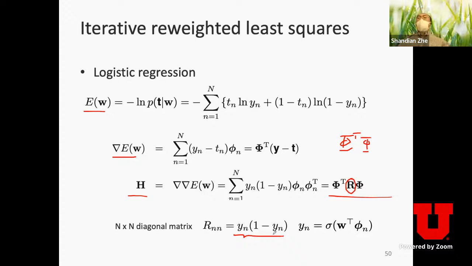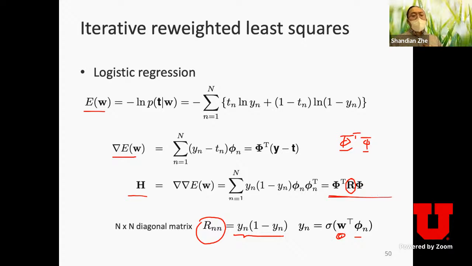It's strongly related to the Hessian form of the linear regression, but there's a difference. The difference is that you have an extra diagonal matrix R, where each diagonal element is your predicted probability that the example is 1 times 1 minus that probability. So you can see that R is dependent on the current model parameters W, right?